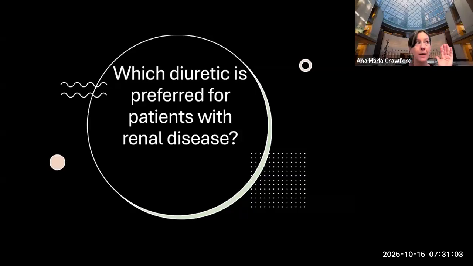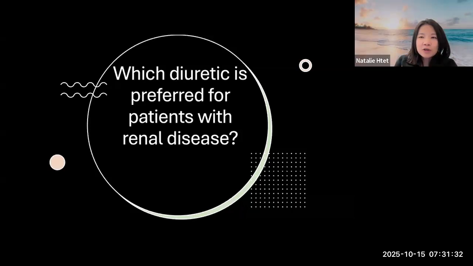So instead of giving BID or twice daily dosing, we'll actually just start an infusion of a loop diuretic and titrate that up to the urine output that you desire. Some of the other things we've already mentioned, like avoiding NSAIDs or nephrotoxic agents. Making sure you have enough blood pressure to perfuse the kidneys is another thing that I think about. Did I miss anything? No, I think we covered it all.